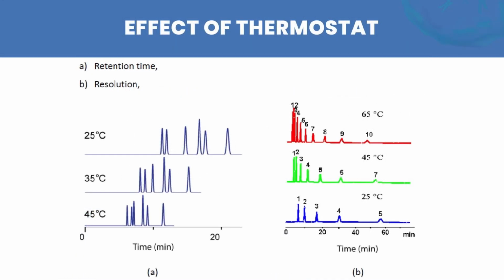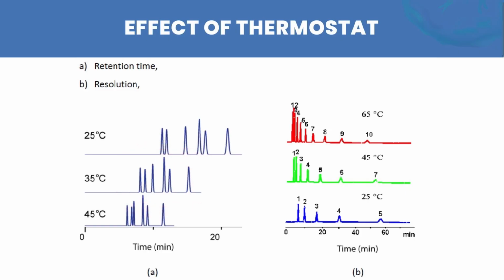So by keeping things under constant temperature, there are two advantages. Number one is retention time and number two is resolution. If we look at this slide, at a temperature of 45 centigrade, somewhat the peaks have merged together.